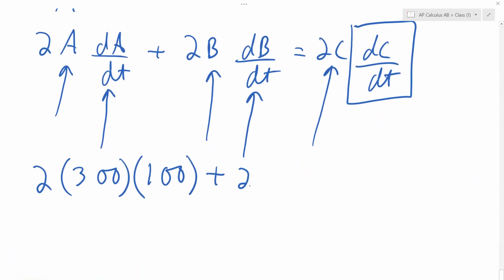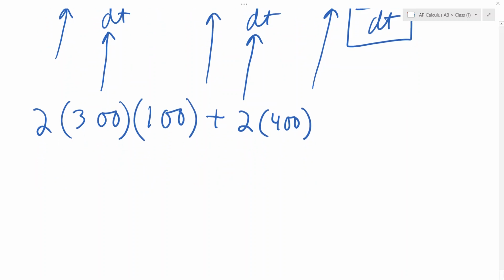B, they tell me, the second train is 400 meters north. And its velocity we have to find by plugging into its velocity equation. We need to know how fast B is changing, dB/dt. But that's just its velocity, so we've got to put a 2 in there. So whatever goes right here has to be the velocity of B at time 2.